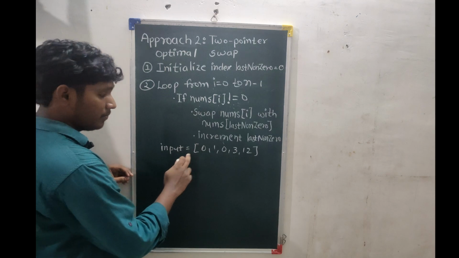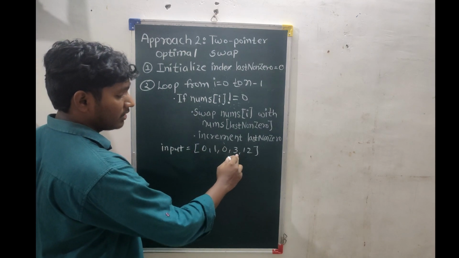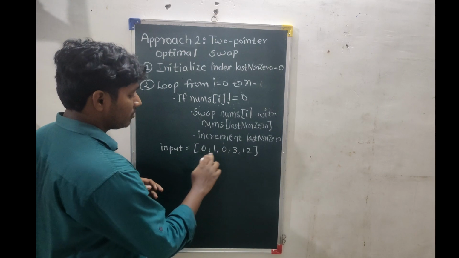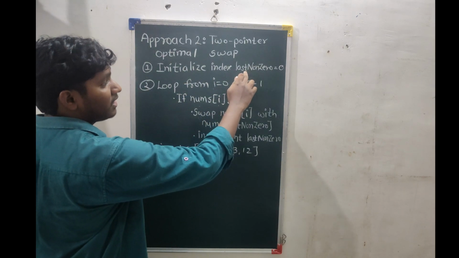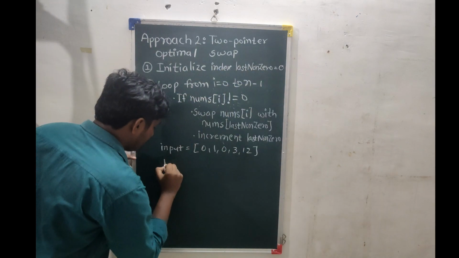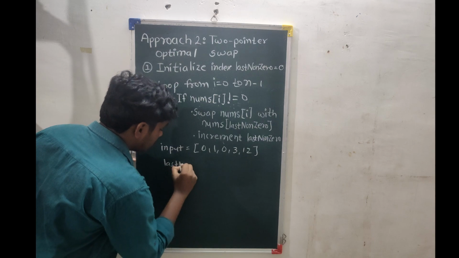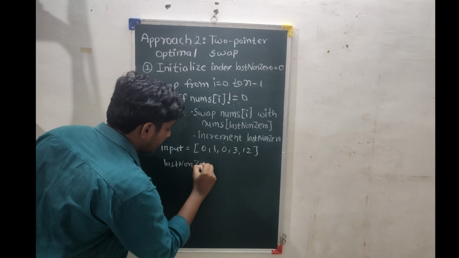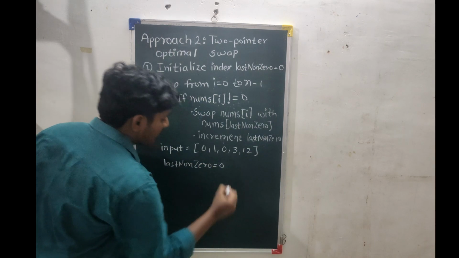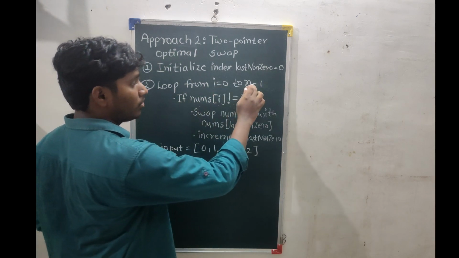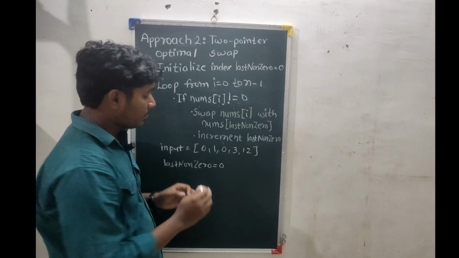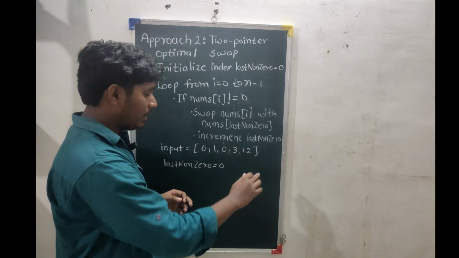So basically we have input 0, 1, 0, 3, 12, and we have to move all the zeros to the end. In the first step we initialize last non-zero index at 0. Next we are going to loop from i equal to 0 to n minus 1, that means this entire array.